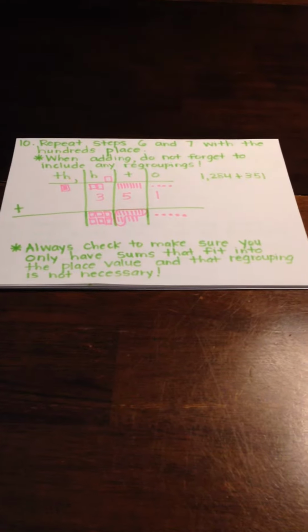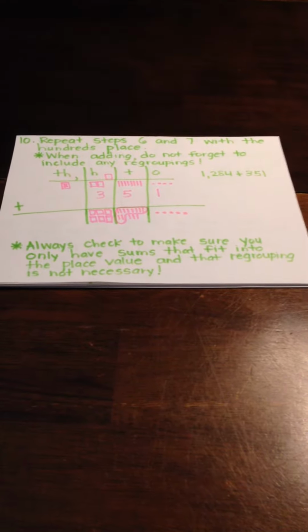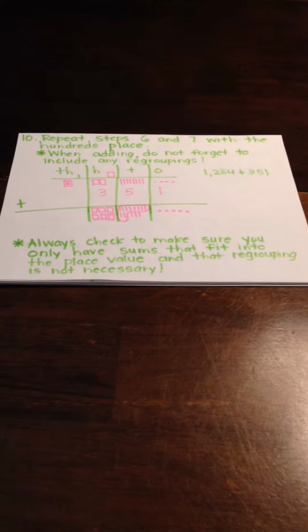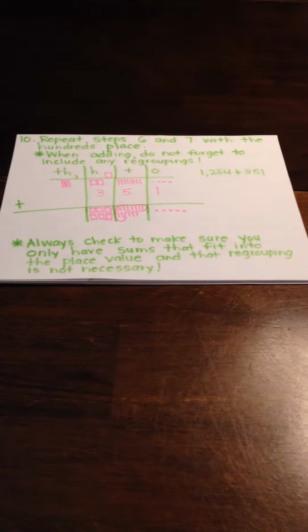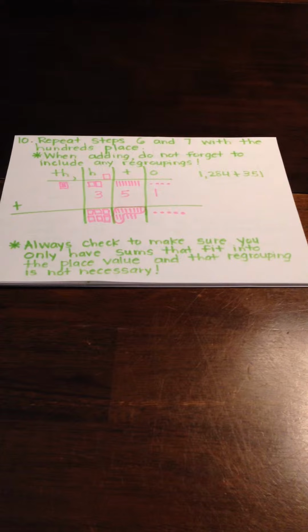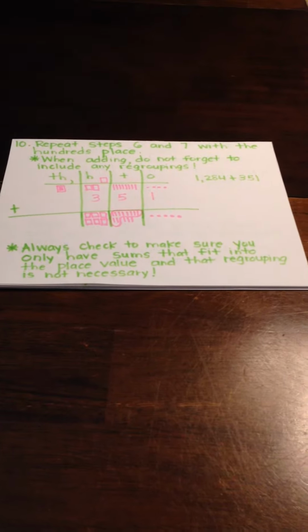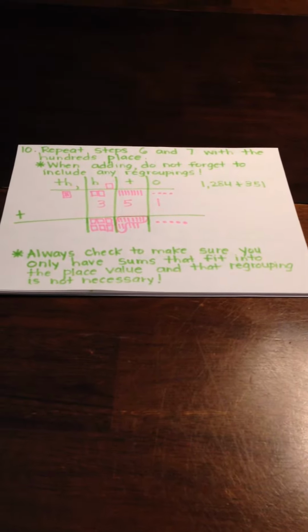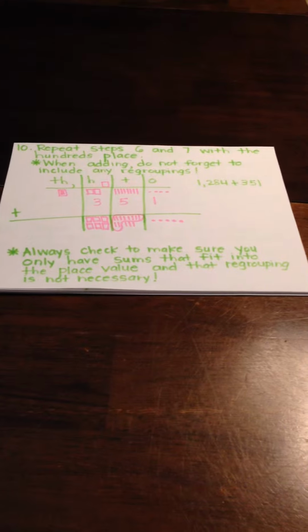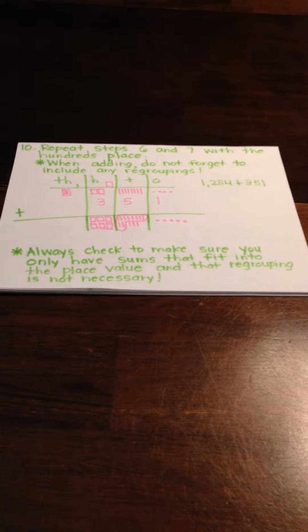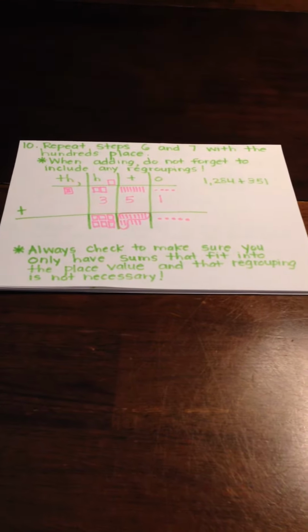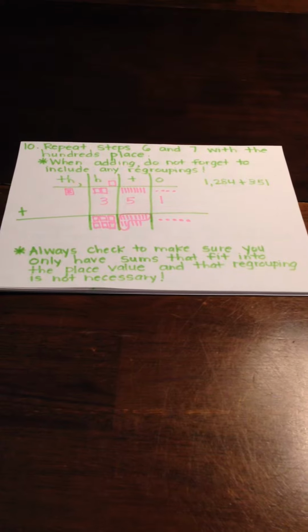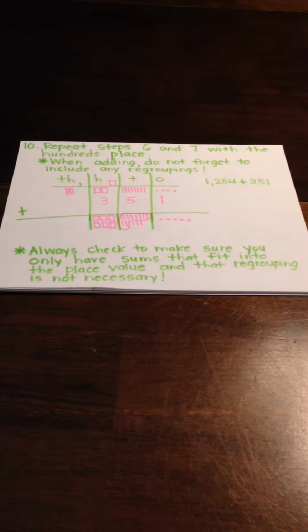When I'm adding, I'm not going to forget to include any regroupings. When I look at my hundreds place, I notice I have 100 that I regrouped, plus 2 more hundreds, 100, 200, 300, plus 3 more hundreds, 400, 500, 600.